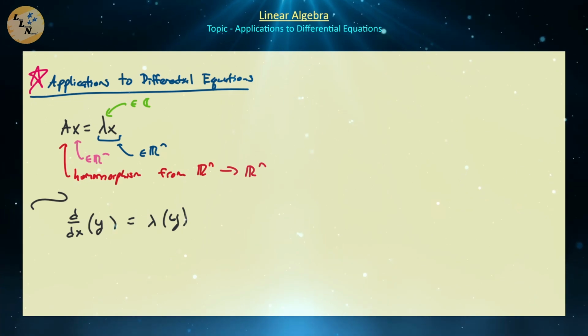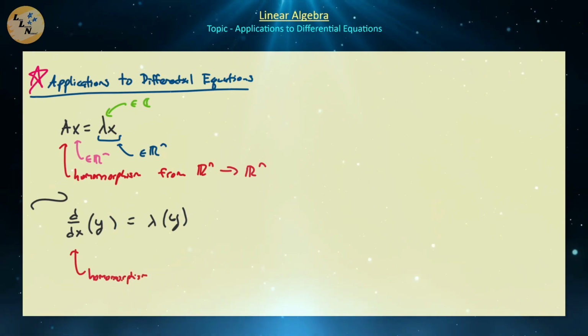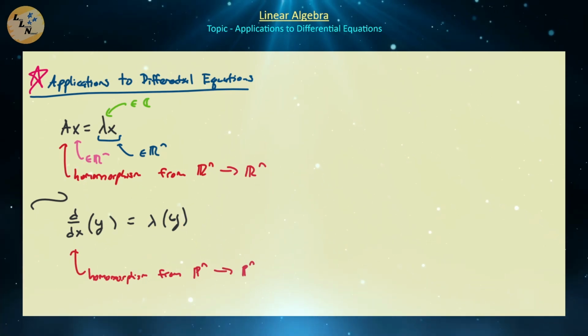So for example, the derivative operator we know is a homomorphism. So this is a homomorphism from, and we know a few vector spaces that we have worked on in the past. For example, Pn, the set of polynomials of degree n or less, so it's going to be a homomorphism from Pn to, for example, Pn minus 1, because it takes the degree and subtracts by 1.